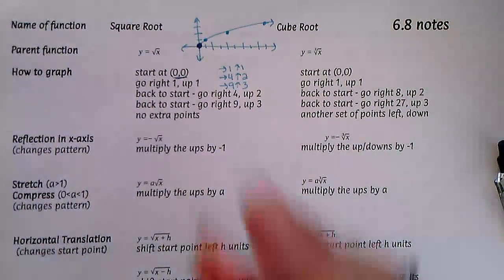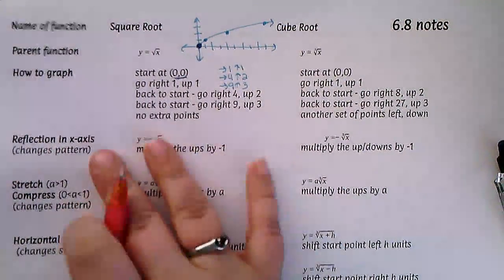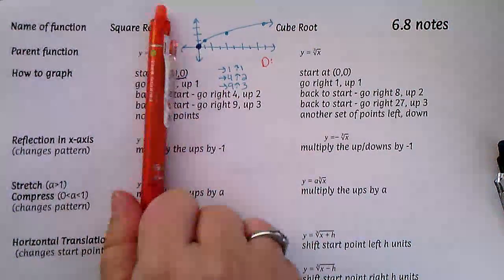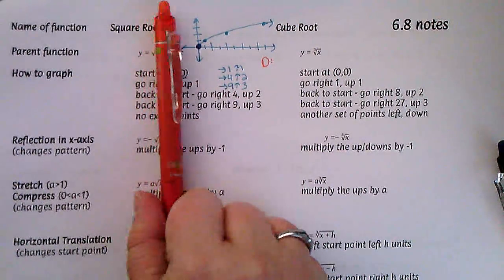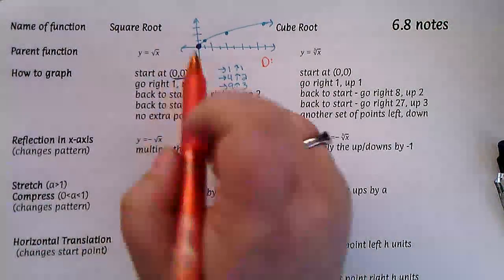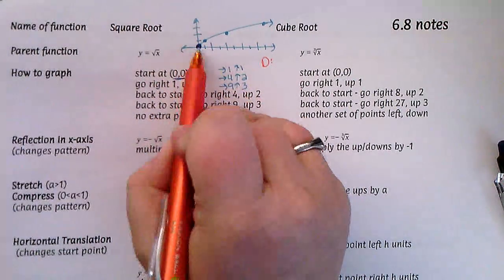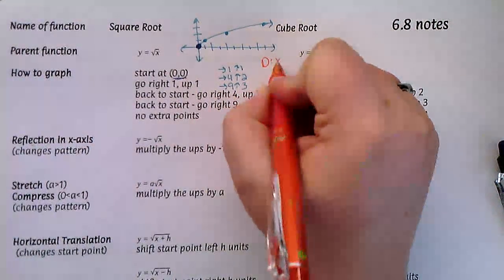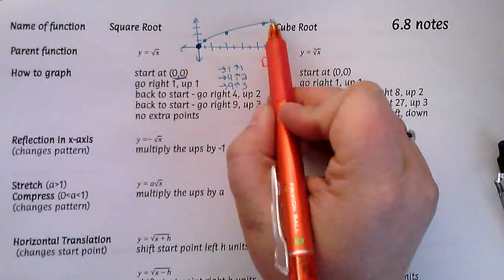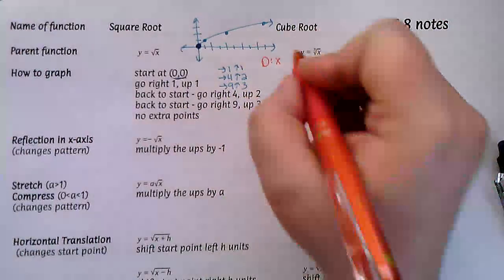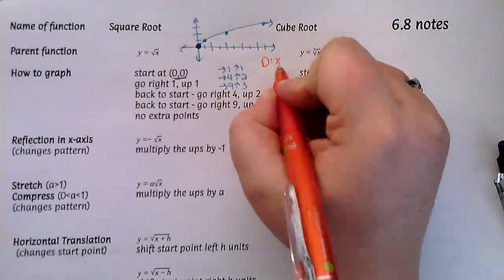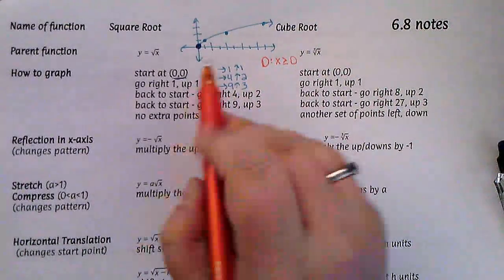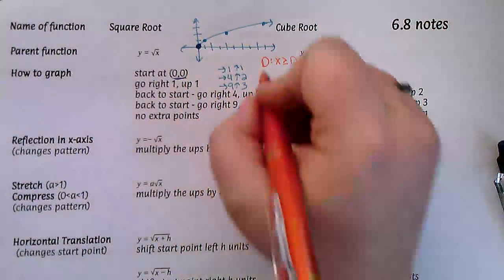So let's talk real quick about domain and range of this thing. Domain is the x value. If I take my pen and go along here, I don't hit my eyebrow until here. This is where I first hit my eyebrow, that is 0, and then my eyebrow goes on forever with this arrow. So my domain is always x, and it's greater than or equal to 0 because it starts at 0 and goes on forever.